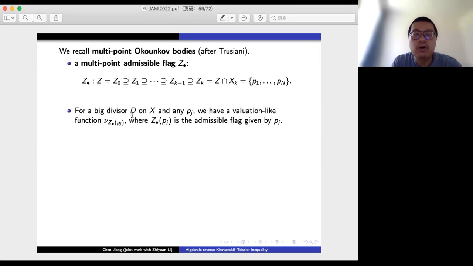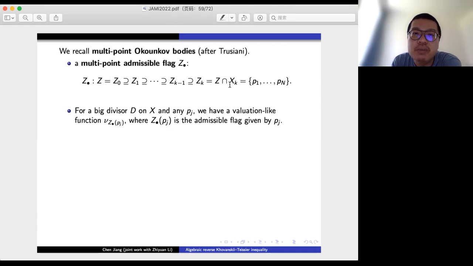And then for a big divisor D, we can define n functions that depend on the p_j we found, right? Here Z_0^{p_j} is just the admissible flag ending with p_j.